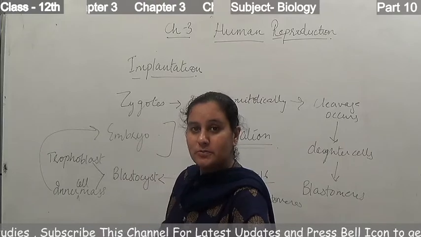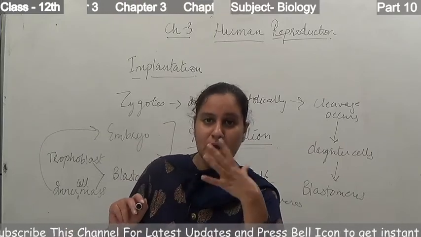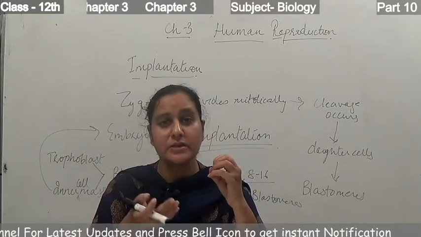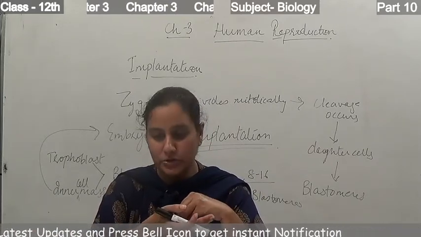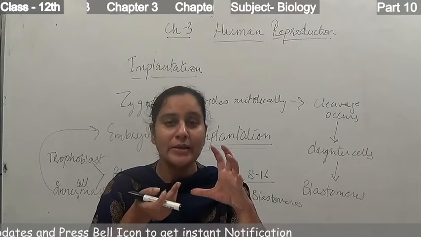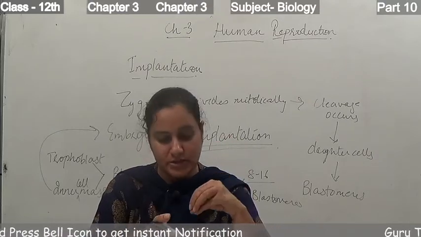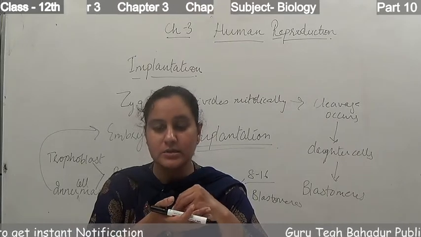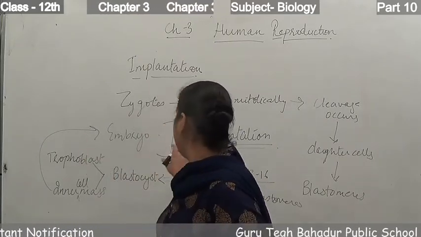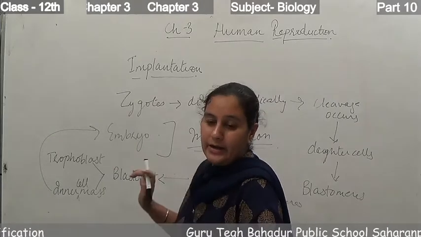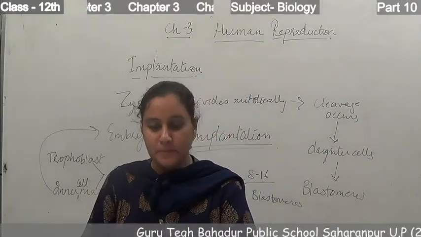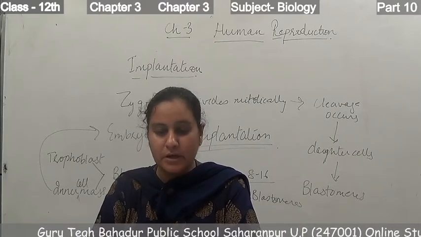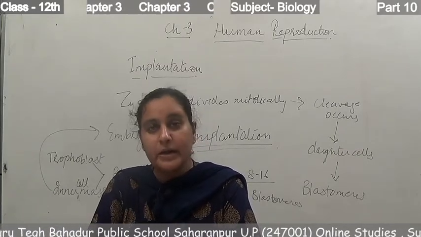After the attachment, the cells of the endometrium start dividing, cover the blastocyst, and the blastocyst gets embedded in the endometrium of the uterus. This is known as implantation, which further leads to pregnancy. So in the next topic we will discuss pregnancy, embryonic development and some other processes related to this.